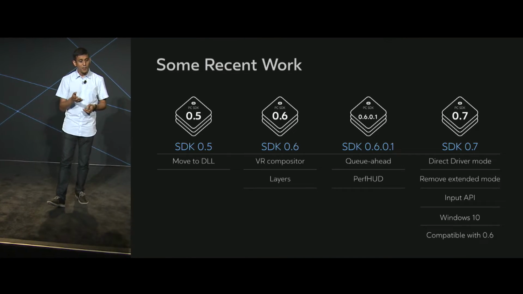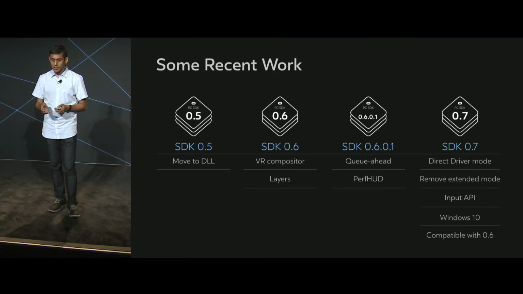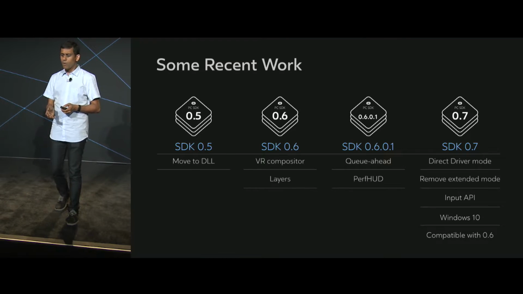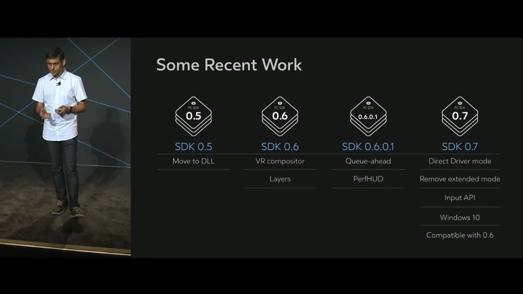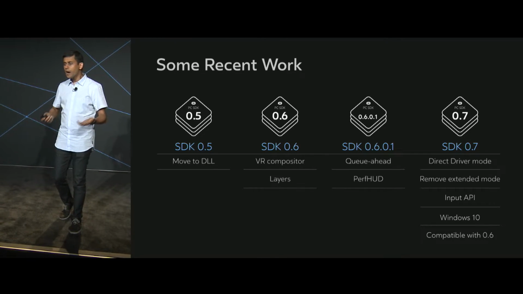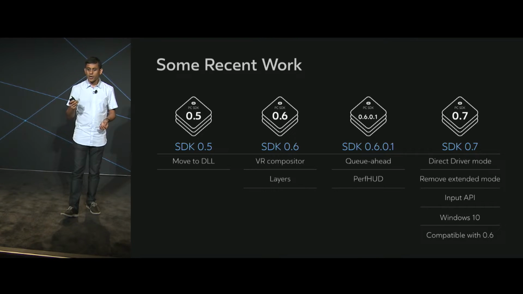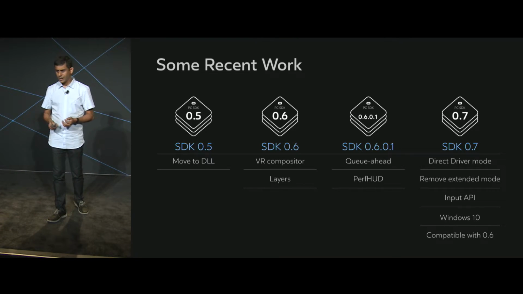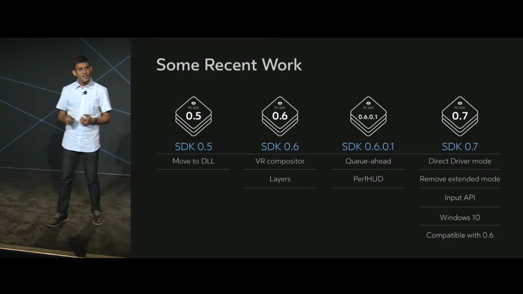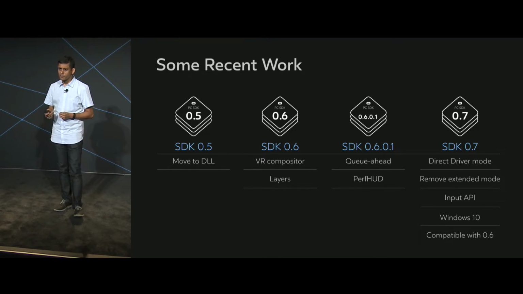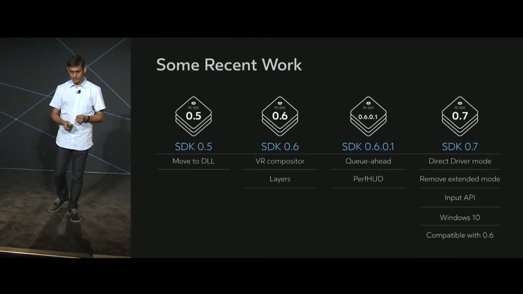Then, in 0.6, we shipped two key things. One of the biggest changes there was a move to the VR compositor architecture, which is part of our trend to build a robust and stable architecture, and I'll talk more about that later. We also introduced the feature of layers that can help with performance and quality.